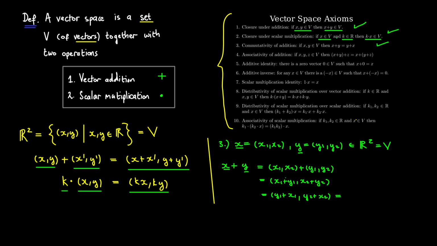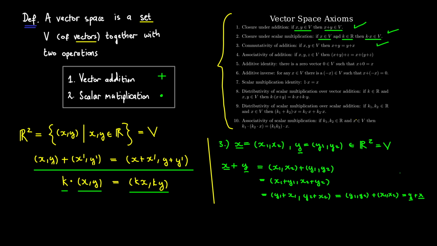And now again, by the way I've defined the addition, which is given here, I can write this differently. I can write this as y1 comma y2 plus x1 comma x2. And this is just y plus x.